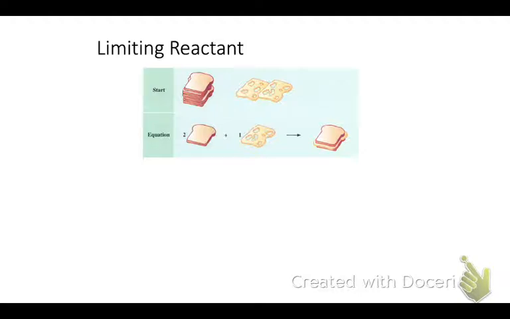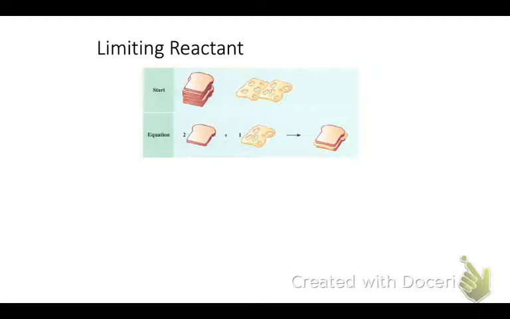Here is an example. You probably can do limiting reactant in your own home with a simple thing like making a cheese sandwich. So if your recipe for the cheese sandwich is to have 2 slices of toast with 1 slice of cheese, then you went to the refrigerator and you found in this specific example that you have 2 slices of cheese and 6 slices of bread.